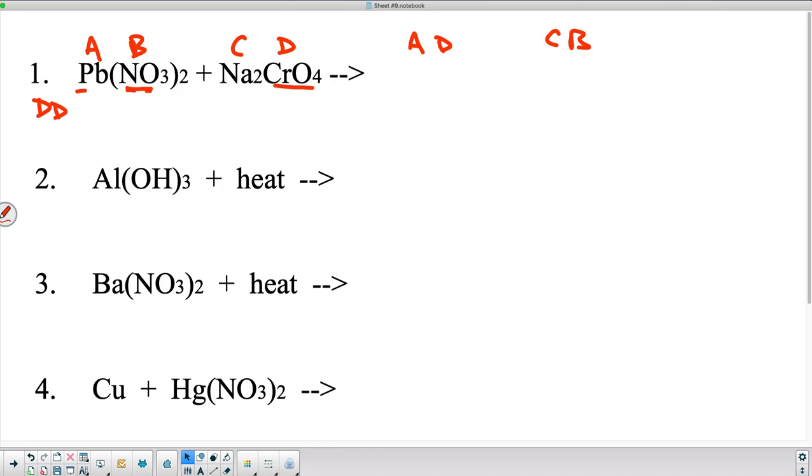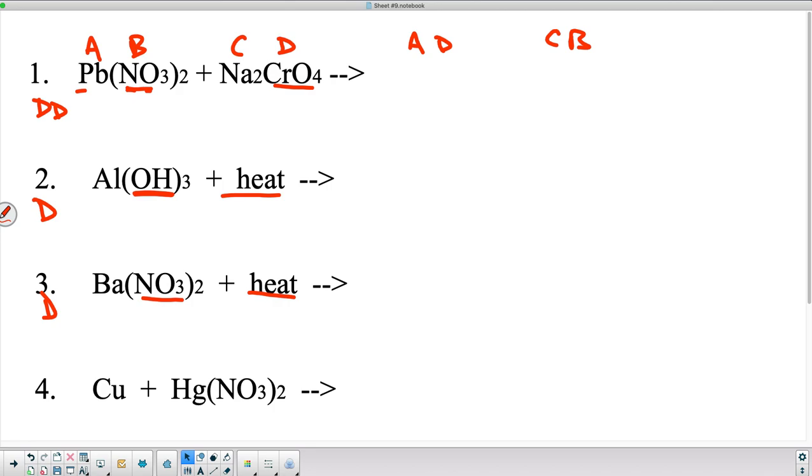Here I have anything plus heat is automatically going to be a decomposition. What kind of decomposition? This is going to be a hydroxide decomposition, which is one of the first ones that we went over. So here's another plus heat, so of course this is going to be a decomposition. What kind of decomposition? This is a nitrate decomposition.